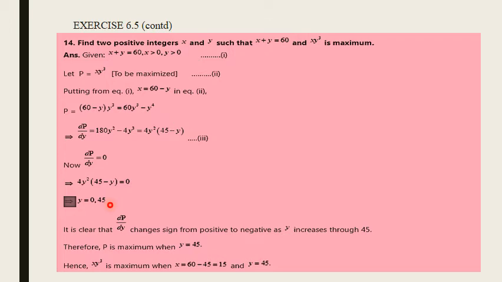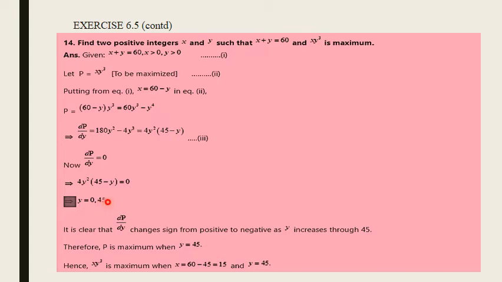Now you may apply the first derivative test or the second derivative test. I hope you remember. Let's do this sum by the first derivative test. We will see the sign of dP by dy as y increases through 45, the second number.